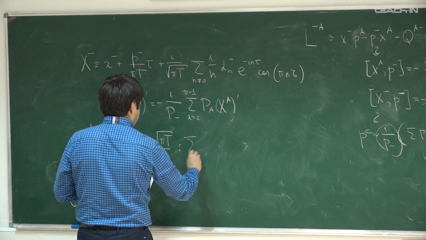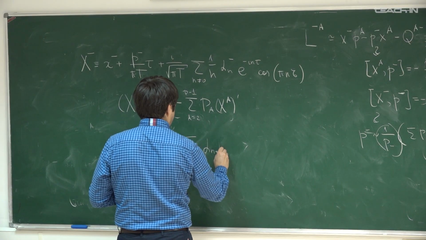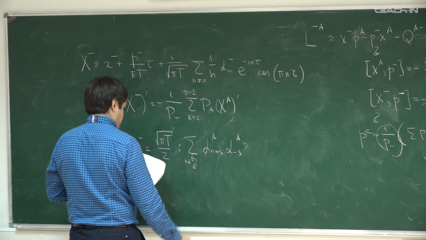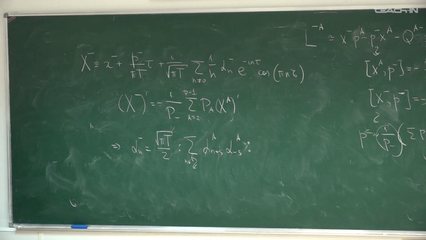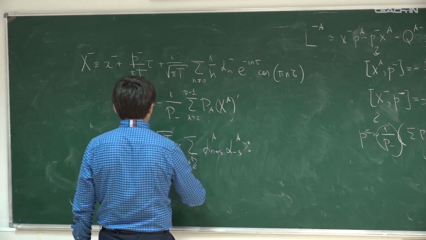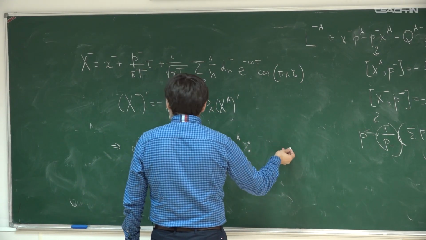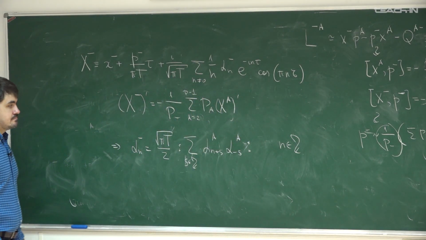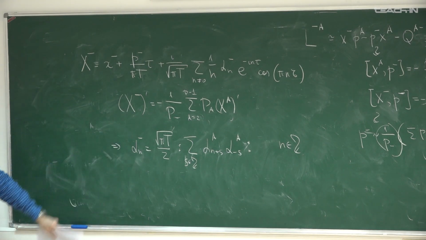We will put normal ordering here, and so n also belongs to Z. Okay, so you substitute here, you solve for alpha n minus, you get this.